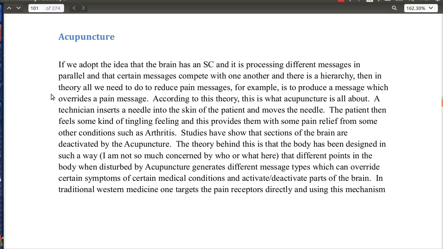So it can alleviate pain, but it has to override the messaging. The brain architecture has mappings, and certain regions overlap in terms of the message mappings, and you can relieve pain by creating messages when you put a needle into a person's body at a certain point, and then those messages go up into the brain and override the pain messages. That's just a simple example.